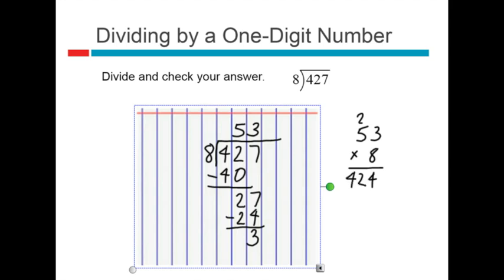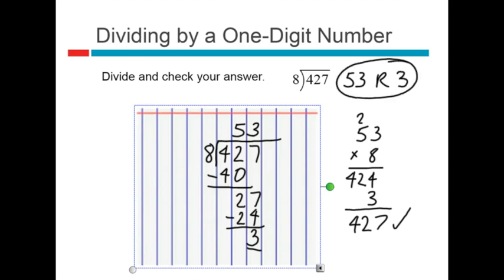Now notice I have this remainder of 3 at the end of my quotient here. If I add 3 more, that remainder, I do get back to 427. So I've checked my answer. I get a quotient of 53 with a remainder of 3 as my answer.